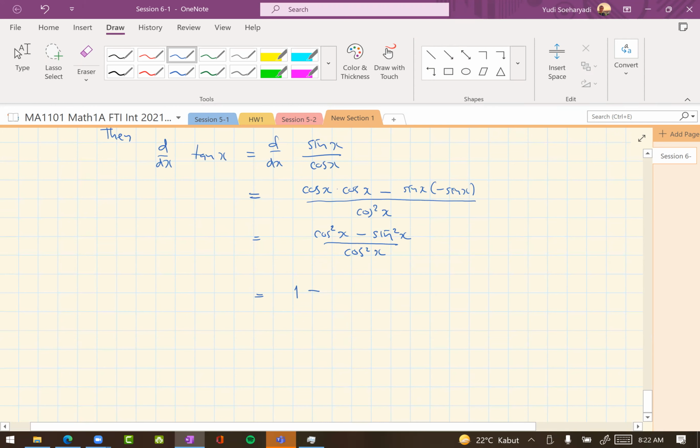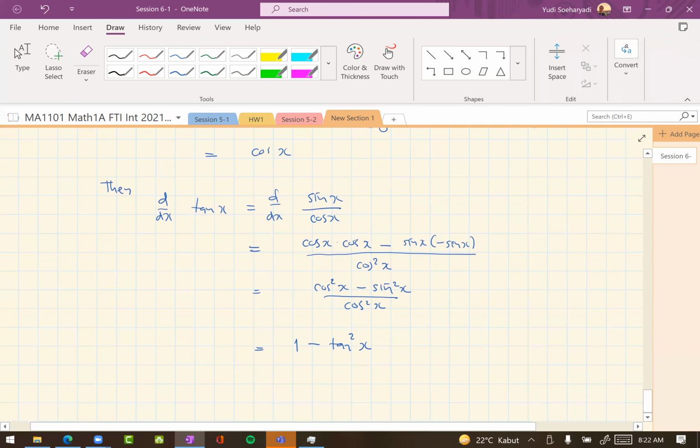Sine over cosine. Okay, again, you get the tan square. Wrong. Minus becomes plus.